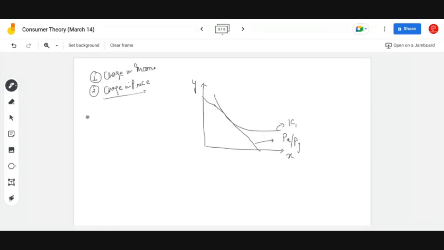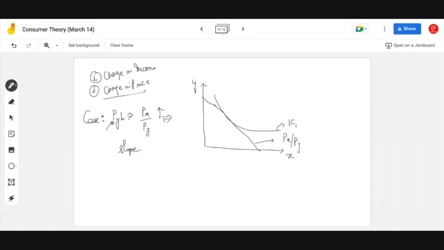Let's say the case where PY decreases. When PY is decreasing, does PX upon PY increase or decrease? It will increase. Therefore, the slope will increase. See, PY is decreasing.